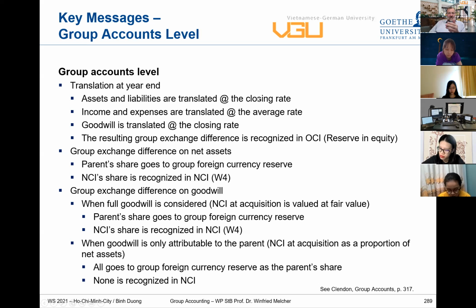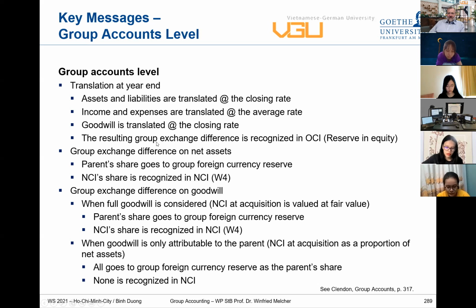They are near the balance sheet, and therefore they're nearer to money than everything else. So we will use the closing rate. When it comes to income and expenses, those are translated using the average rate because the total period will be regarded. And goodwill is an asset and therefore will be translated using the closing rate.